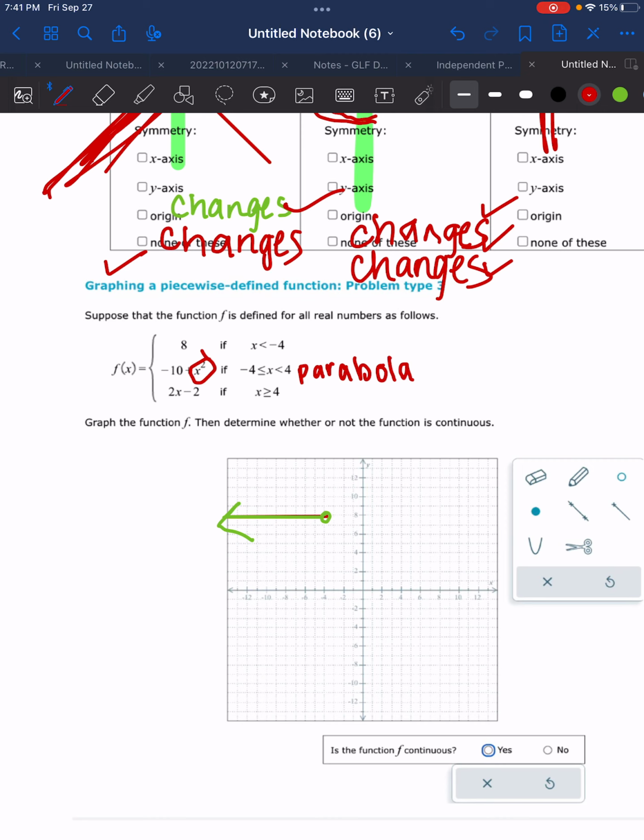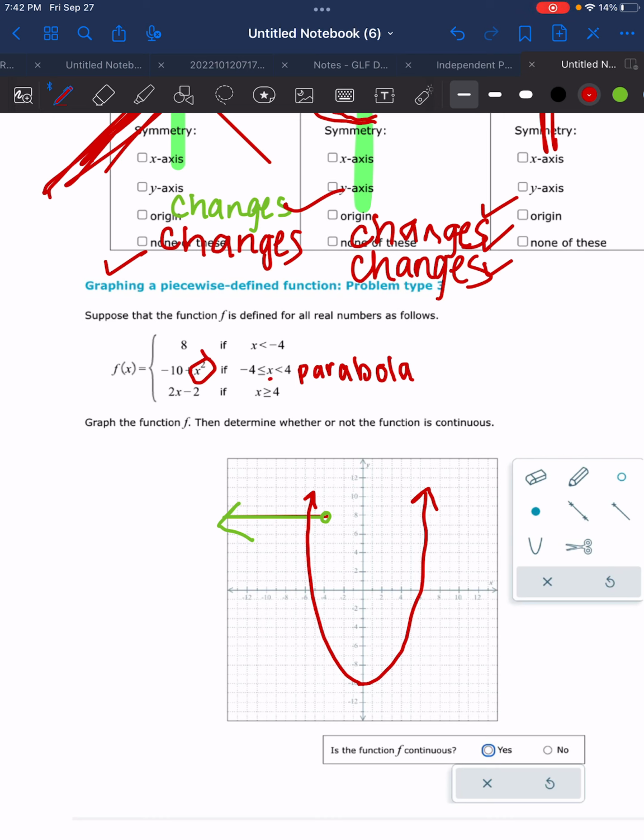So with that being said, I have a parabola, but then it says -10. So my parabola is going to look somewhat like this. But again, there's restrictions.